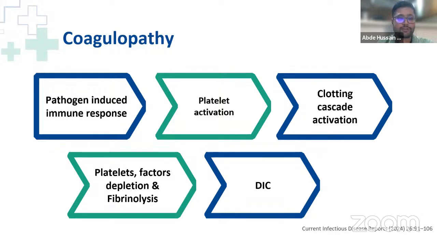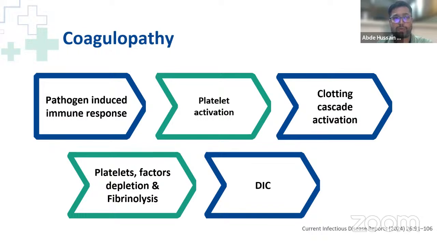The last and final thing that we see in sepsis is coagulopathy. Because of the pathogen-induced immune response, there is platelet activation. The breakage in the barrier again exposes the endothelium to various clotting factors, which can interact with platelets and activate them. This initiates clotting cascade activation, which leads to the formation of microthrombi, which can further block the blood supply to various organs and tissues.